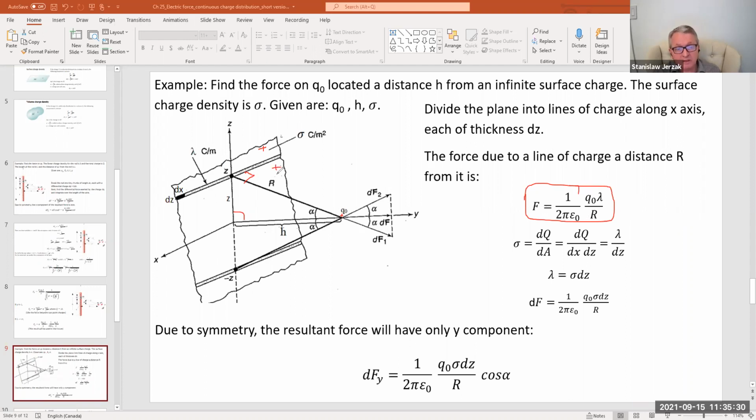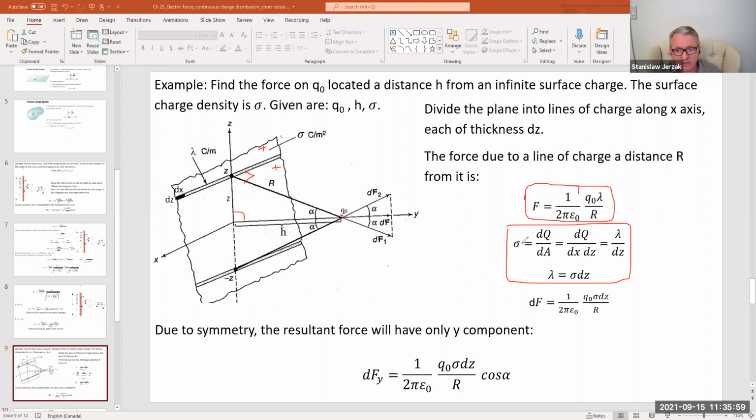Now, to calculate the force due to the plane of charge, we are given the value of Q0, we are given h, that perpendicular distance from the charge to the plane, and sigma, which is the surface charge density. Because lambda is the linear charge density, in the previous lecture we found a relationship between sigma, the surface charge density, and the linear charge density on each line of charge.